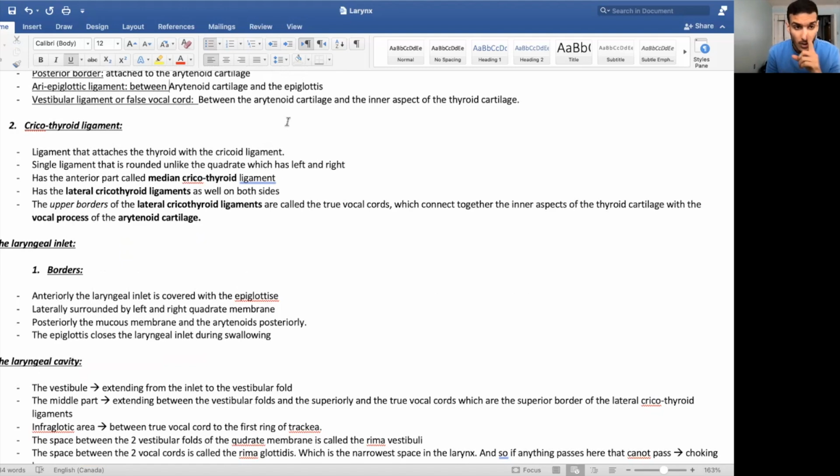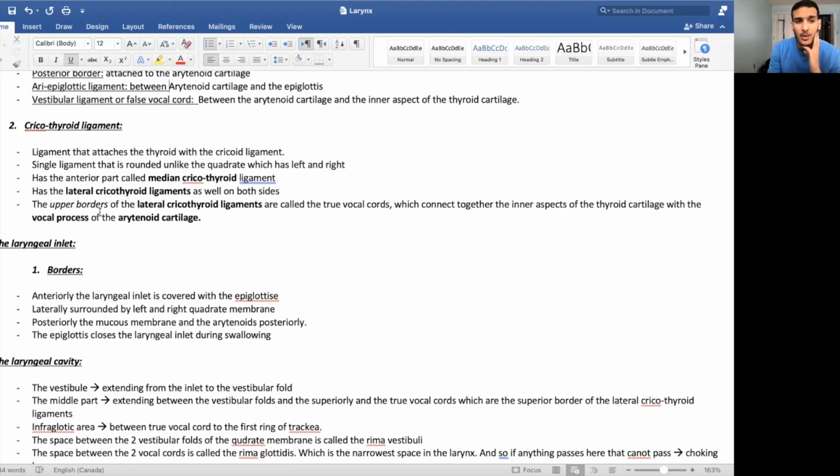It is a single ligament that is rounded, unlike the quadrate membrane, which has left and right parts. It has an anterior part called the median cricothyroid ligament, and a lateral cricothyroid ligament on both sides.